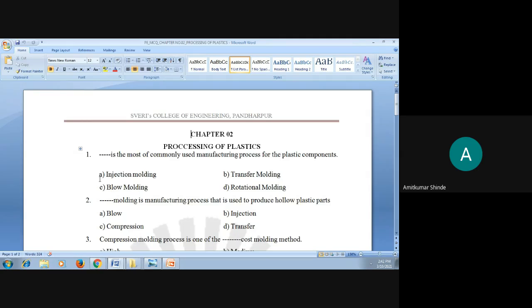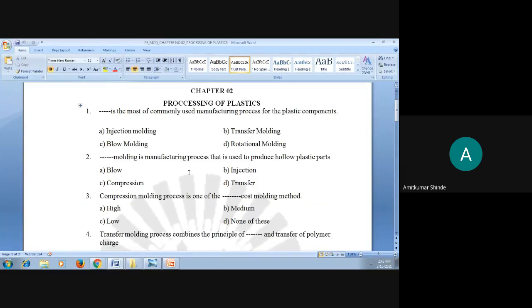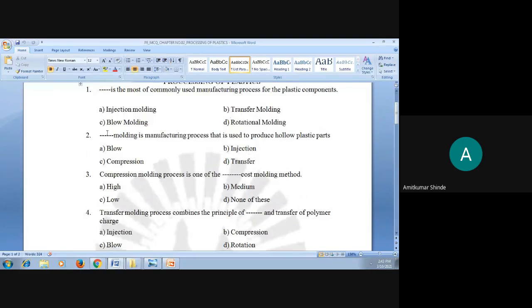The injection molding process is the most widely used in the manufacturing of plastic components. Then the second question: out of these four molding processes, which molding process is used to produce hollow plastic parts?